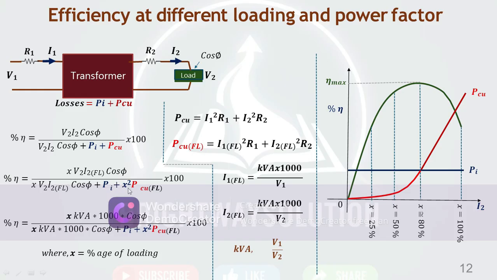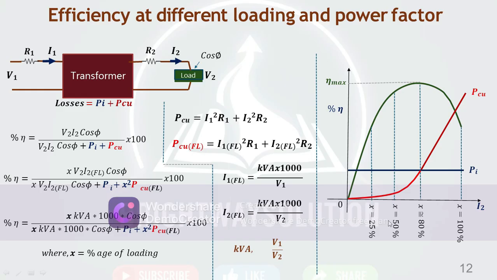Here we take the x term as a square term. PCU is equal to I1 square R1 plus I2 square R2, at full load. Full load currents are very important. Full load means full capacity, which we can consider as the kVA rating.